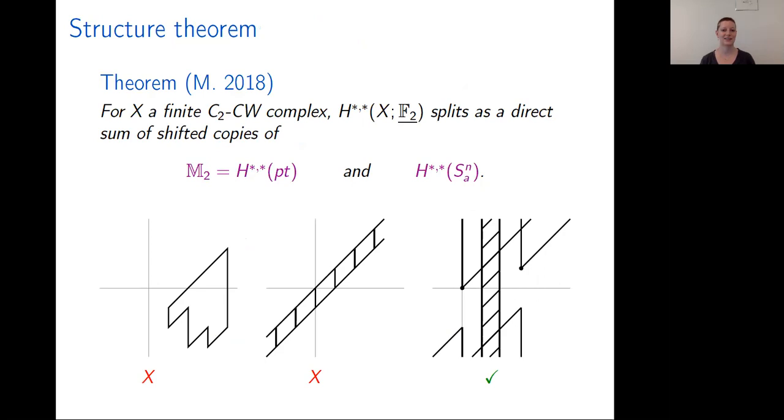All other kinds of M2 modules don't show up in the cohomology. This is really surprising because, again, there are so many strange M2 modules, and also that this is not true for C3 spaces, for example. So in ongoing work, I'm interested in describing the summands required for the cohomology of C3 spaces in F3 coefficients, but it is significantly more complicated.